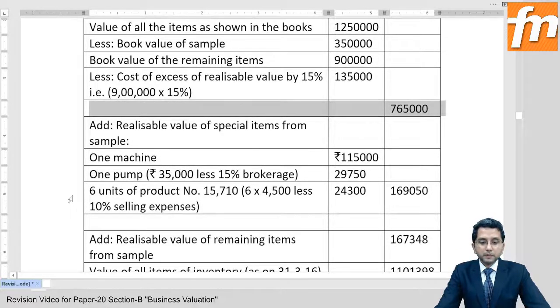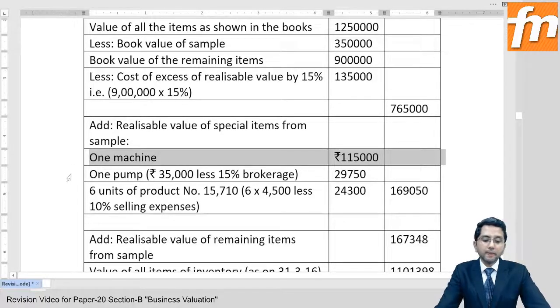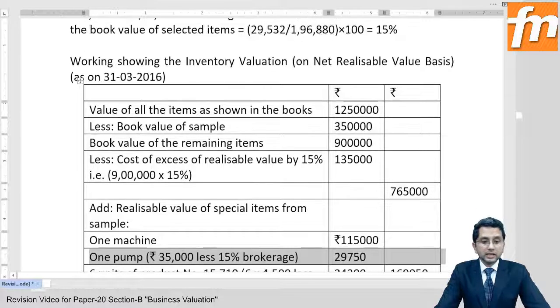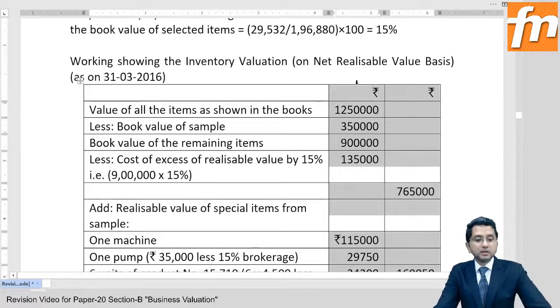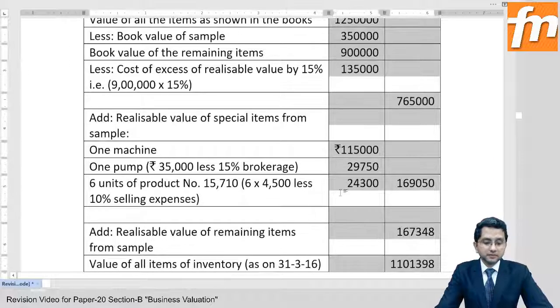Then if I talk about special item, first special item A has a realizable value of 115. Special item B has a realizable value of 29750, which is actually less than its cost. See, all three special items, have you noticed that their realizable value is less than the cost?